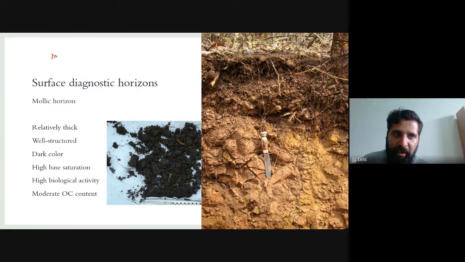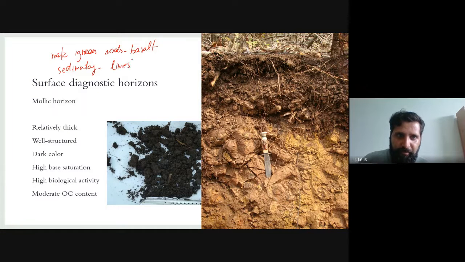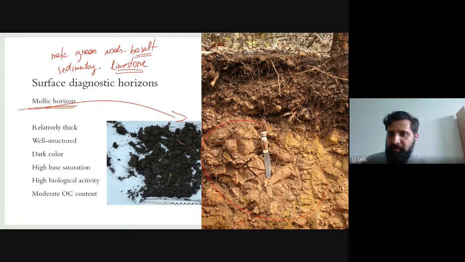The mafic igneous rocks like basalt, and some chemical sedimentary rocks like limestone. So the mollic horizon is generally related to limestone or basalt, like in this case.